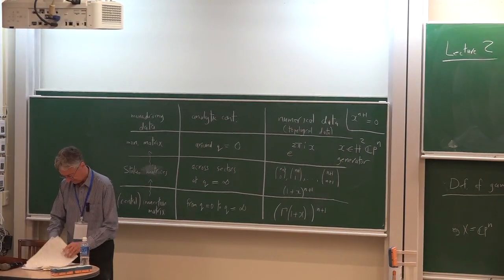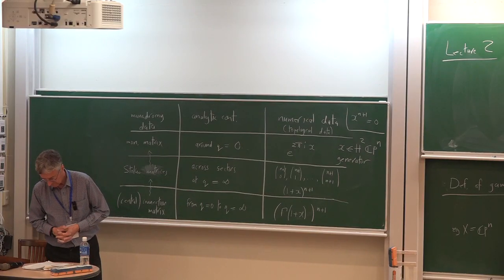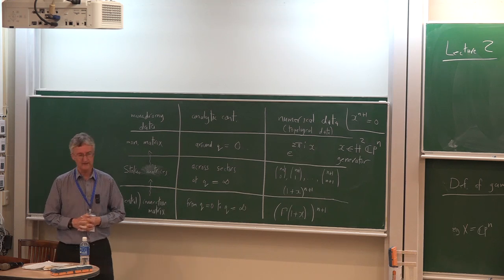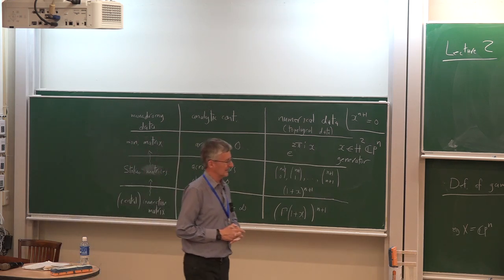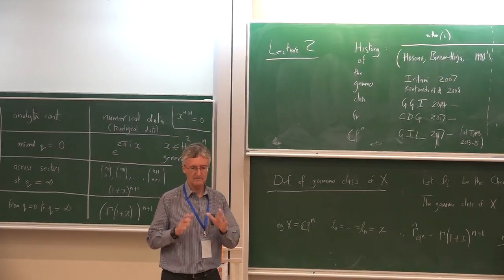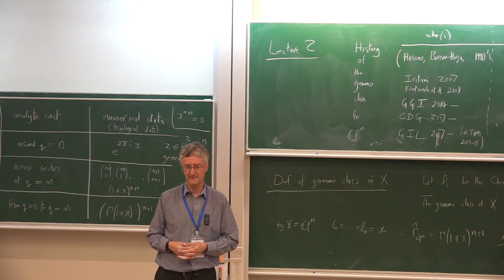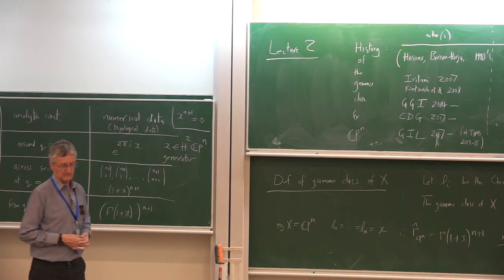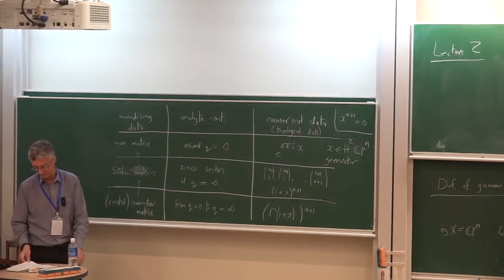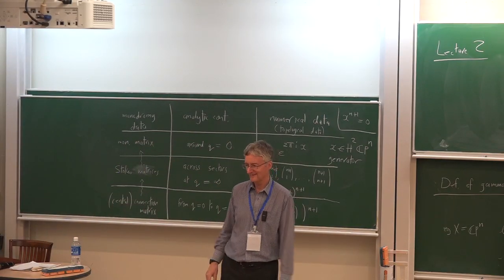This might be a good place to stop, because next time I want to continue by looking more carefully at the differential equation. I will basically compute the gamma class, and then I will talk about the real structure and what kind of effect it might have. It's a little early, but I think I'll stop here.